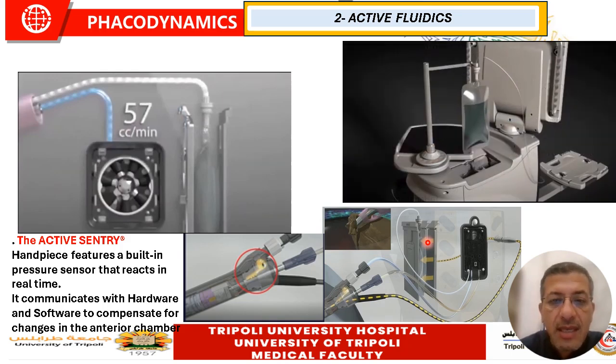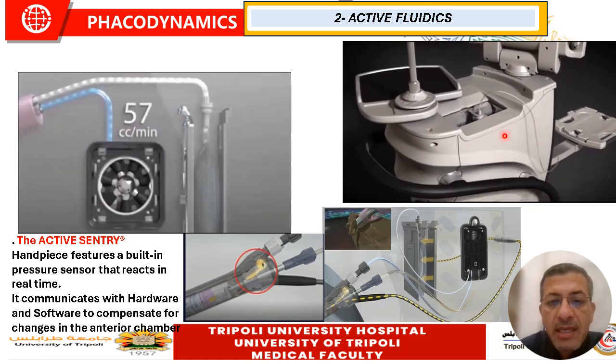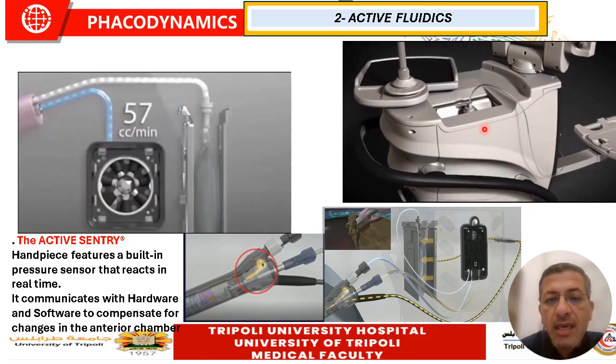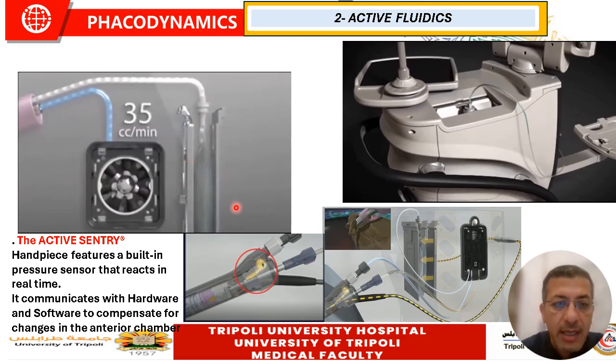You can see in this animation how the active fluidics is stimulated. The bag is placed between two pressurized plates so that whenever needed, there will be stimulation and an increase in the intraoperative pressure. Here, the pump system is linked with the sensors that may detect the vacuum changes and the intraocular pressure, and accordingly, it will send the signal to these plates so that it monitors the intraoperative pressure continuously during the whole stages of the surgery.